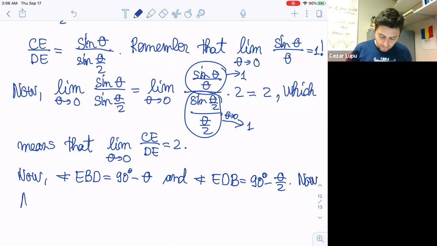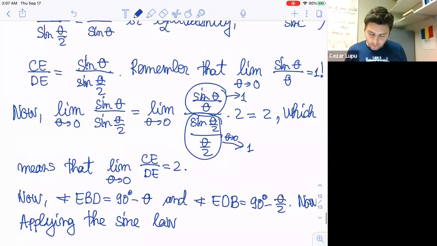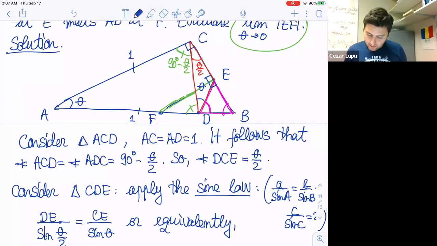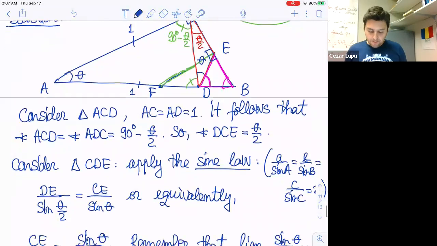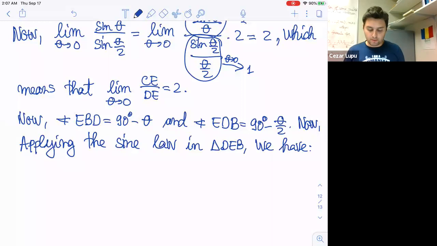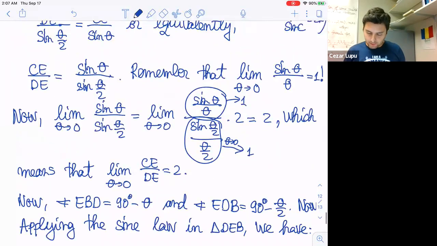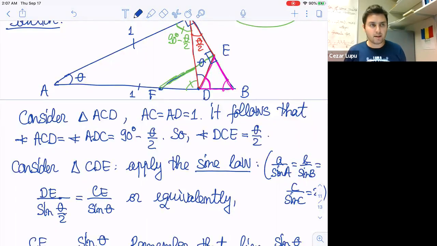Applying the sine law in triangle DEB, we have DE over sine of the angle EBD equals EB over sine of the angle EDB.